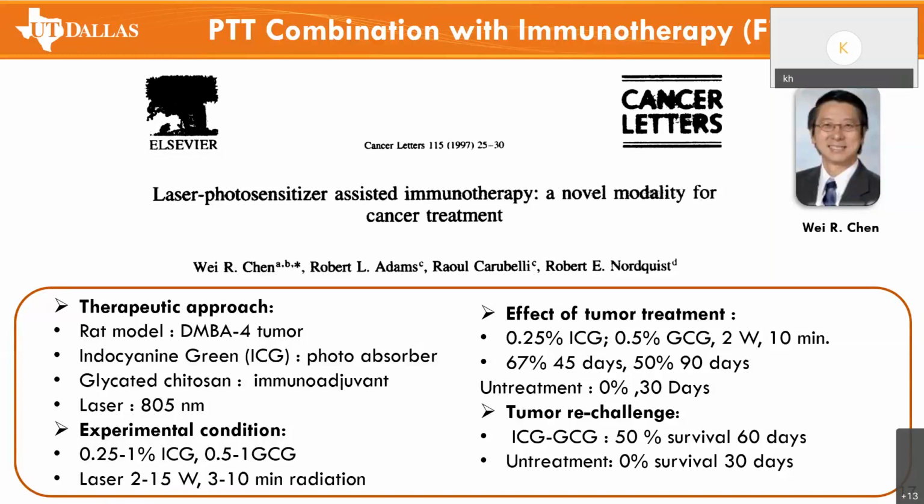Then they checked the metastasis effect of this method by a tumor rechallenge experiment. To do that, they injected rats with 3 times the standard dose of tumor cells, and in 50% of cases there was no tumor development after 16 days. That was very interesting because it showed a long-lasting systemic effect of the treatment.